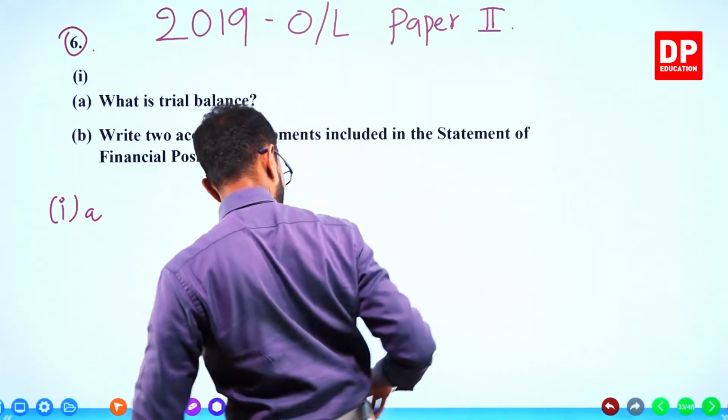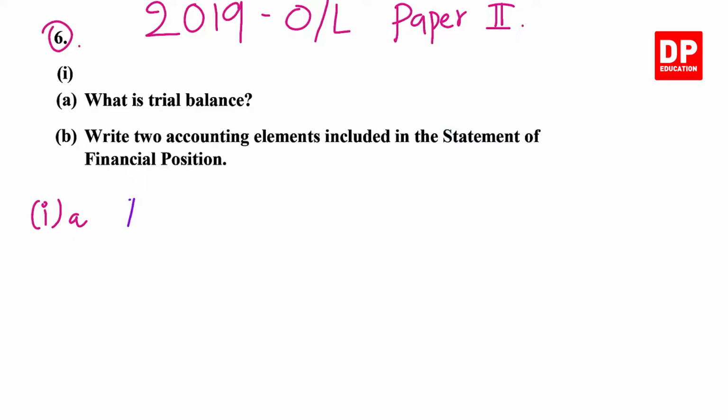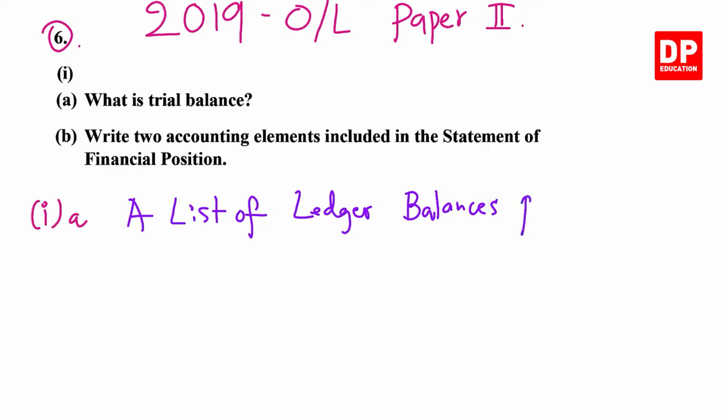All right, so we'll write it down: a list of ledger balances prepared as at a certain date.